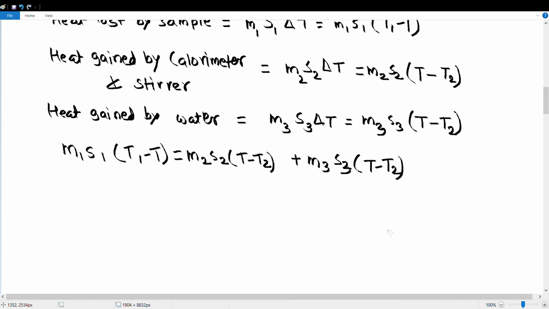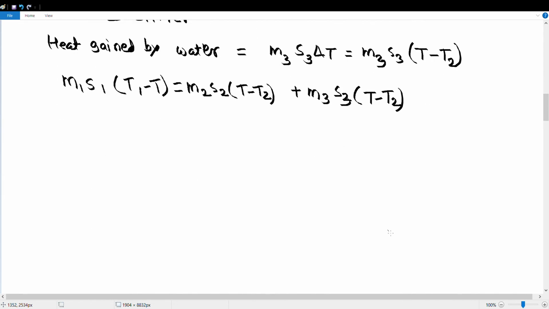Now we are interested to find the specific heat of sample, this S1. So we rearrange the terms. What we get?